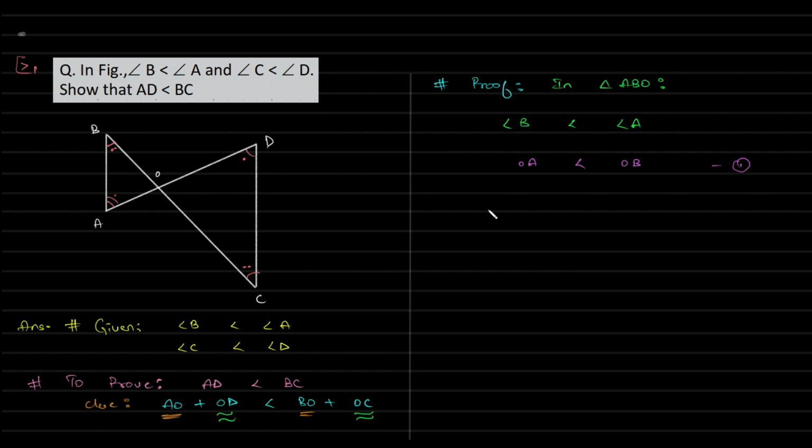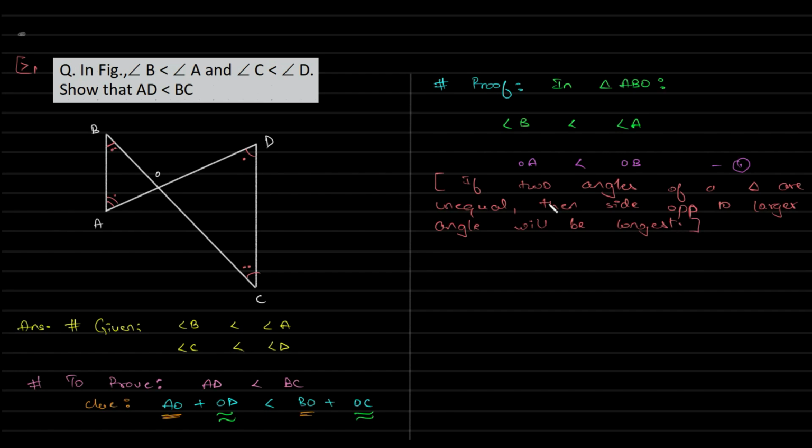And the reason is, if two angles of a triangle are unequal, then the side opposite to the larger angle will be longest. So with this fact we are able to conclude this.